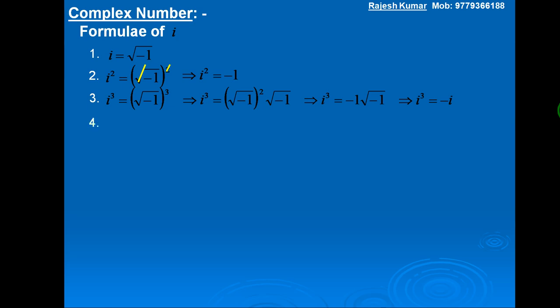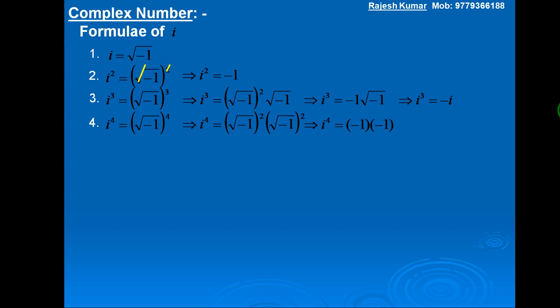Now fourth one, iota to the power 4 is equal to square root of minus 1 raised to the power 4. This implies iota to the power 4 is equal to square of square root of minus 1 into square of square root of minus 1.